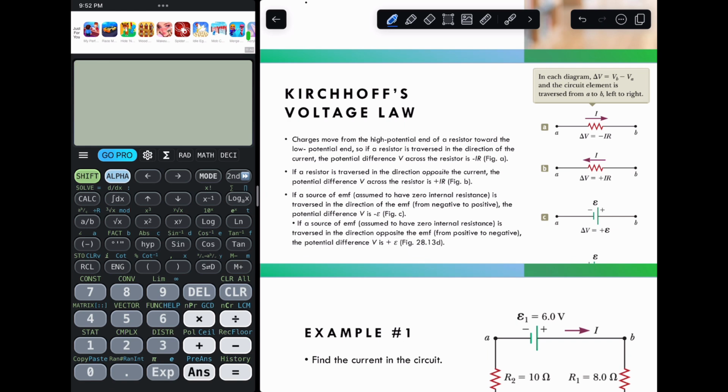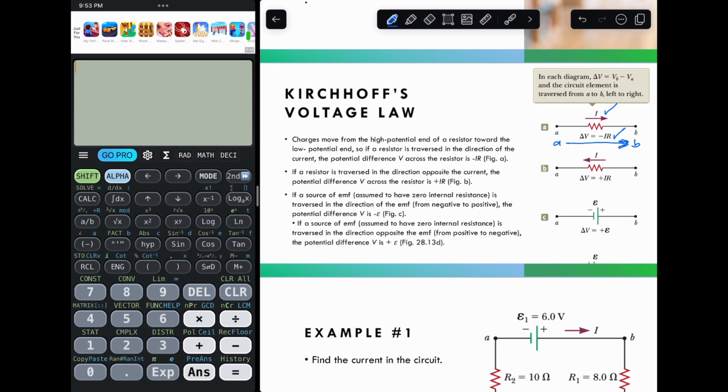Then I'm going to have my loop from A to B. As long as our movement is along the direction of the current, that is considered negative. In this case, that is negative IR. So finding the voltage drop from A to B, the direction of the current is along the direction from A to B. That makes it negative.